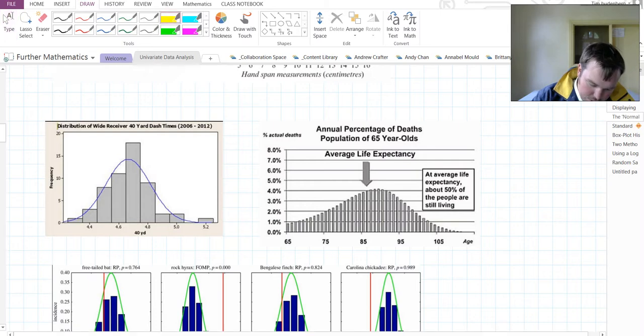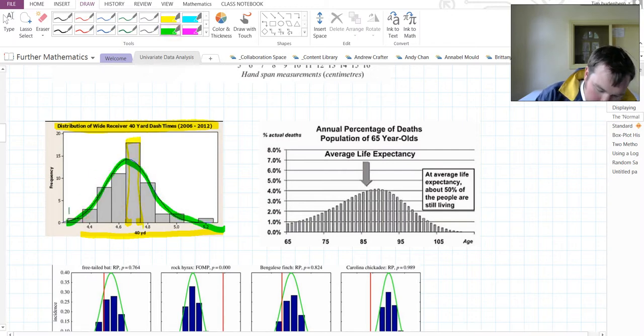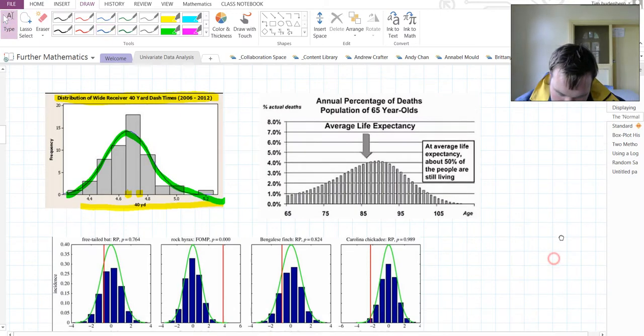So this is the distribution of wide receiver 40-yard dash times. So if they measured American football players running, how fast it took them to run 40 yards, this is the 40-yard speed here. And you can see that, well, lots of people took in between that region there. And if you plot a curve, yes, you can imagine it going more steeply, perhaps. Similarly here, life expectancy.